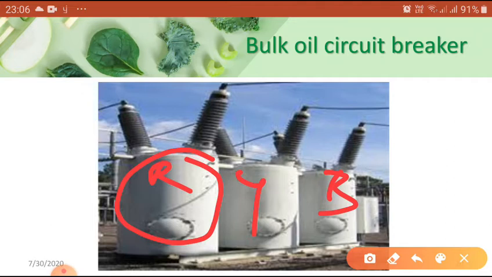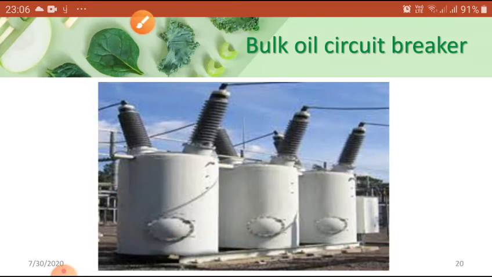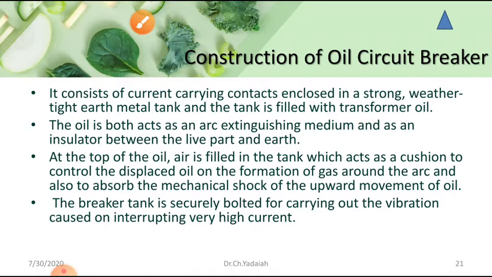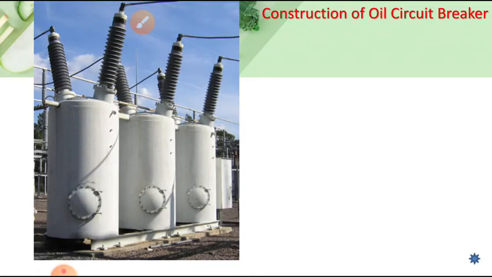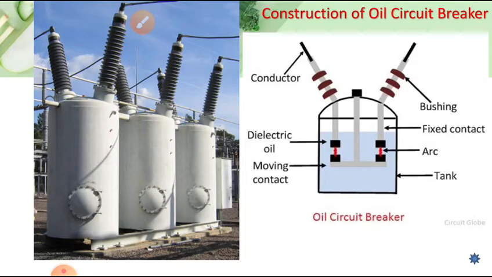Now you can see the construction of oil circuit breakers. It consists of current carrying contacts enclosed in a strong, weather tight, earthed metal tank, and the tank is filled with transformer oil.